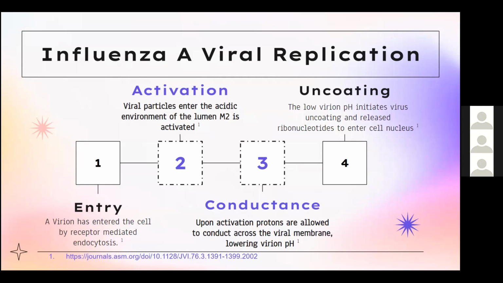And then protons can conduct across the virion membrane, lowering the internal pH, which will eventually lead to viral uncoating, which is crucial to allow the viral machinery to enter the nucleus and begin transcription. This study is mostly narrowed on the second and third steps of this process, as we can see in the highlighted slides.